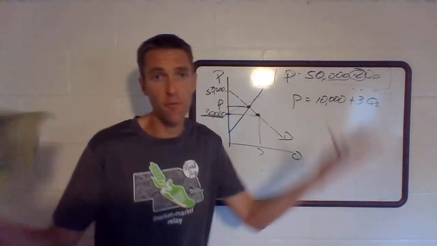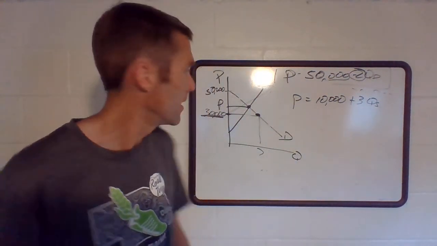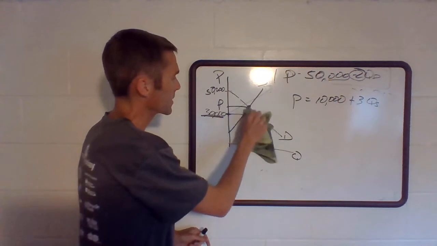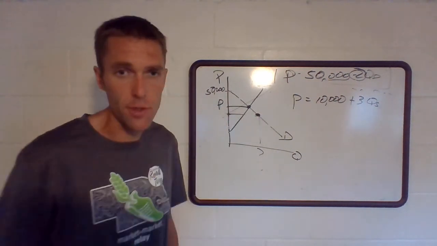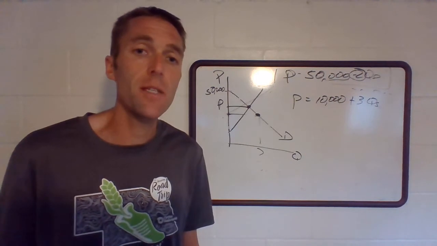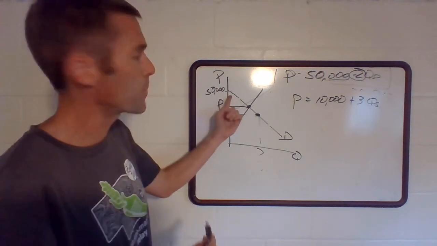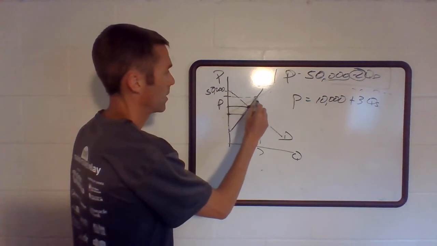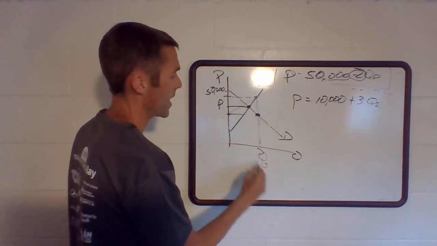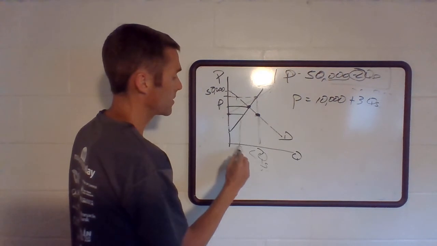And I can't help myself but talking about it. I know it's in the reading. Why does this price that we haven't solved for yet emerge? The reason is because if the price is too high, so up here, the quantity supplied is greater than the quantity demanded.